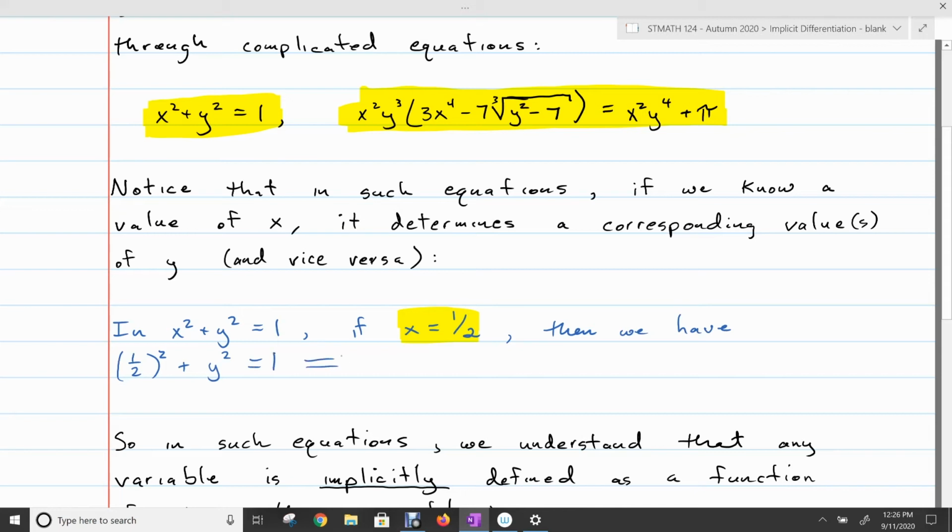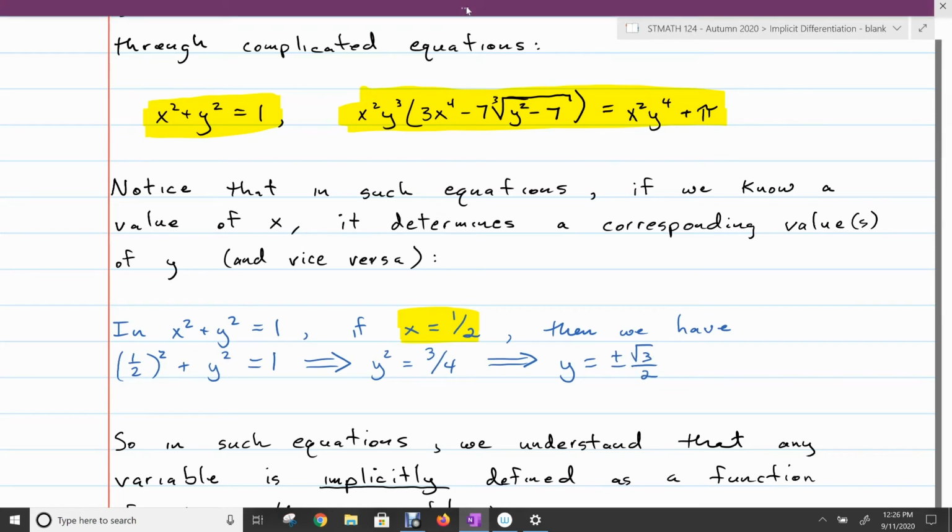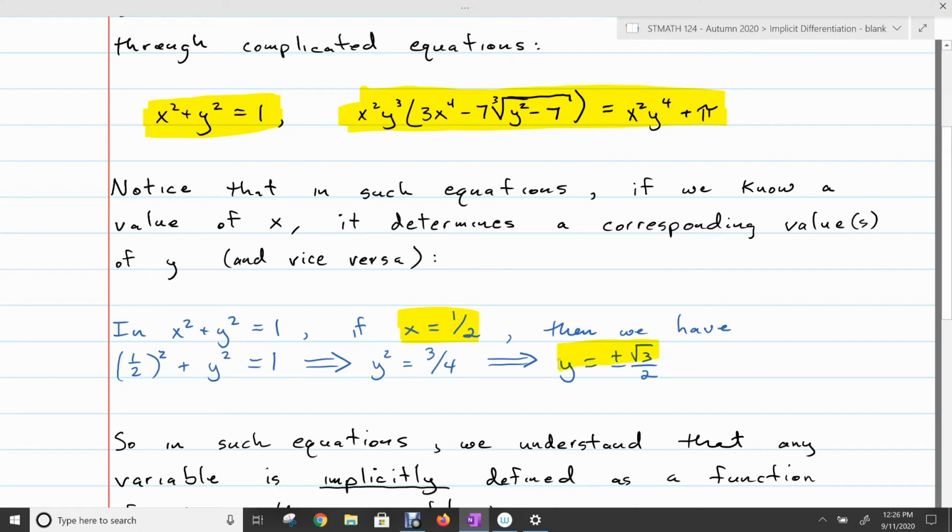And from there, we could subtract 1/4 from both sides, and we'd end up with y squared equals 3/4. And then you could solve for y by taking the square root of both sides, and you get y would be plus or minus the square root of 3 over 2. So you see, by substituting a value of x, it indirectly determines a value of y, and if you're able to, maybe you can solve for that value of y.